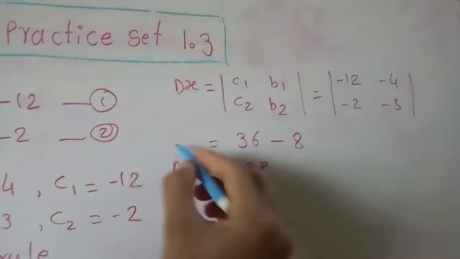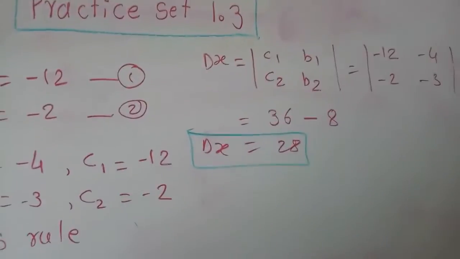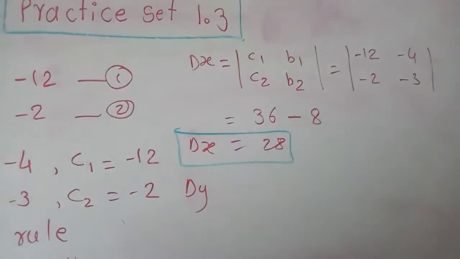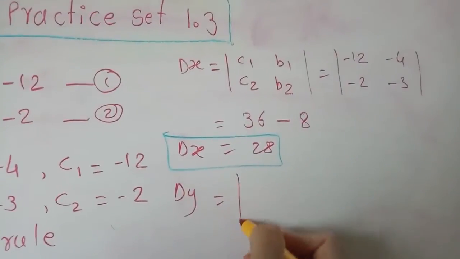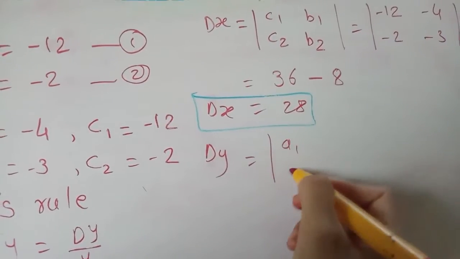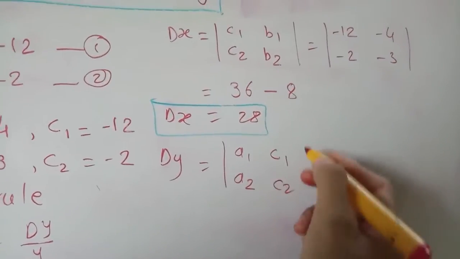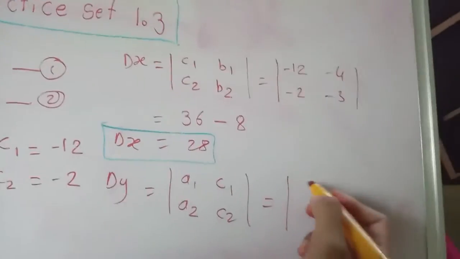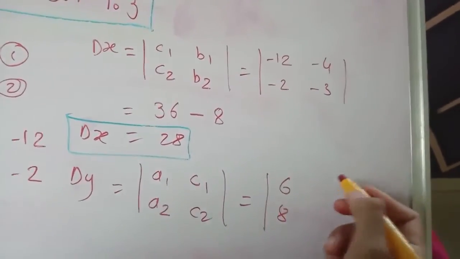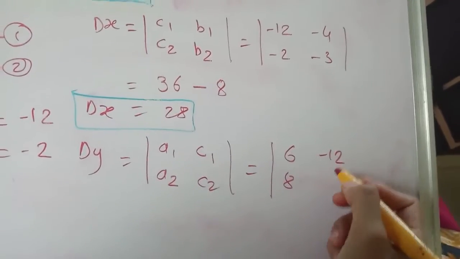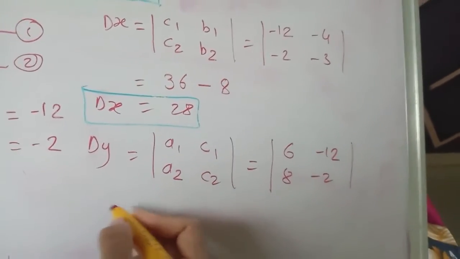So dx is equals to 28. dy is equals to determinant of a1 a2 and c1 c2 is equals to 6 8 minus 12 and minus 2.